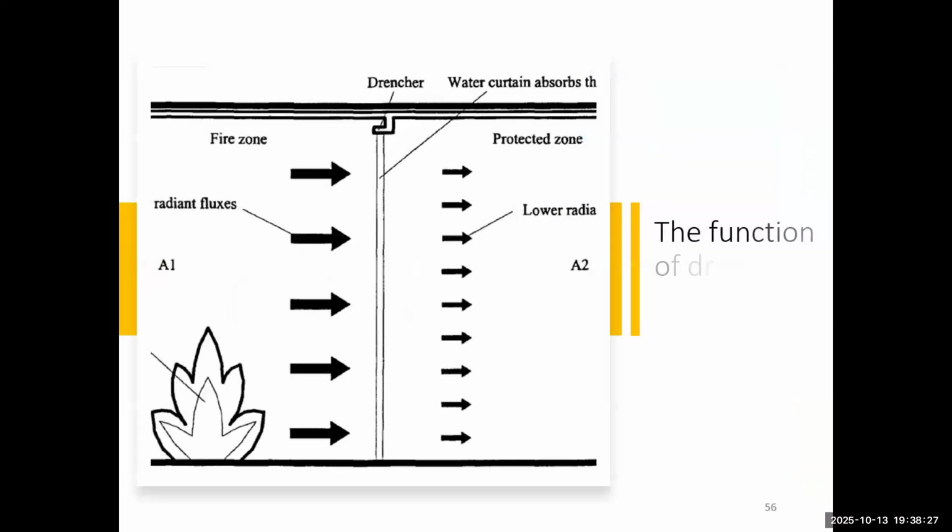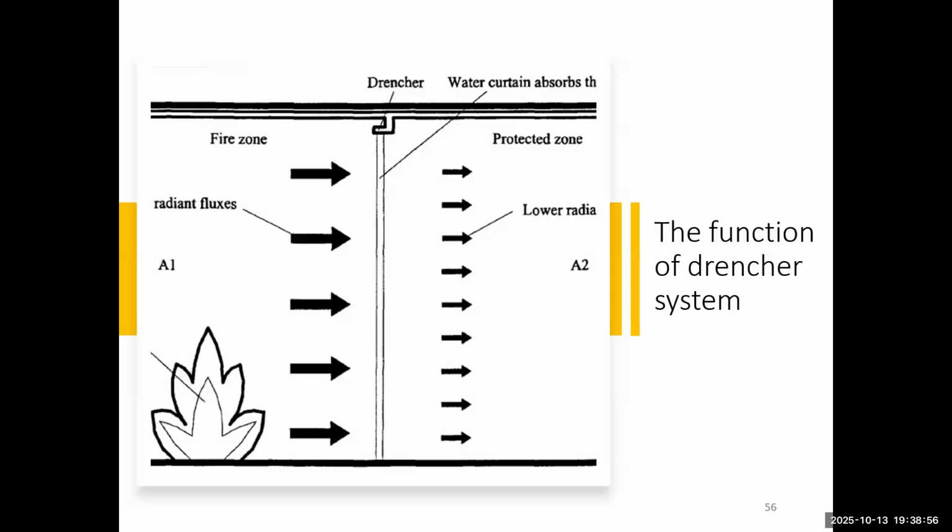And it is important to understand that a drencher system is primarily for exposure protection. It is not typically designed to control or extinguish the main internal fire itself. So the drencher system's job is to absorb radiant heat and protect adjacent areas.